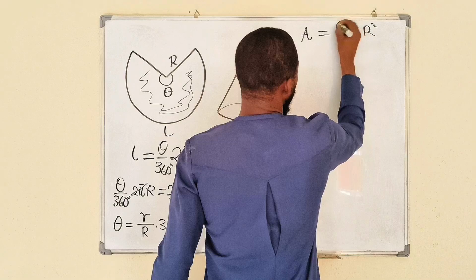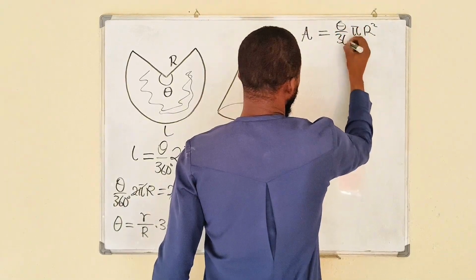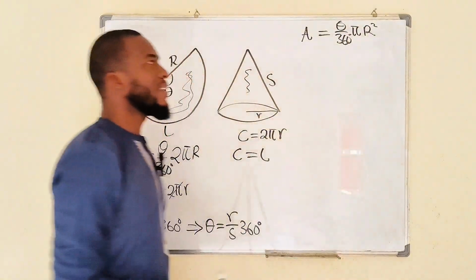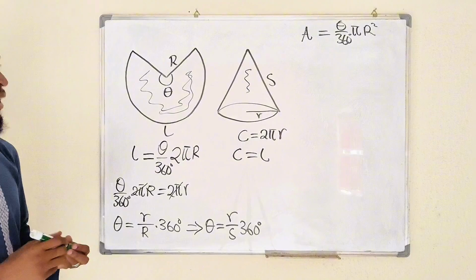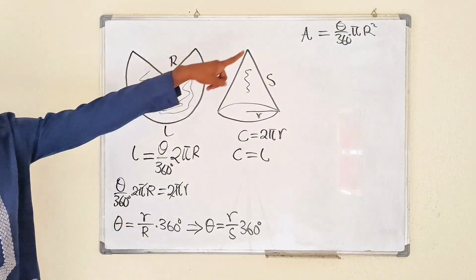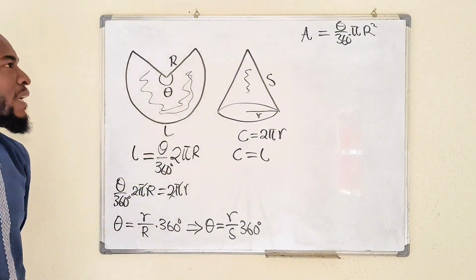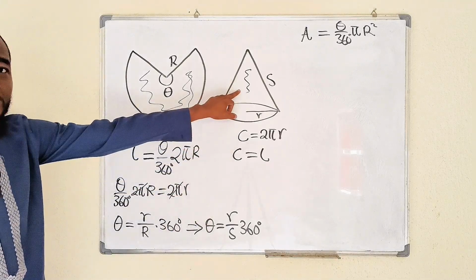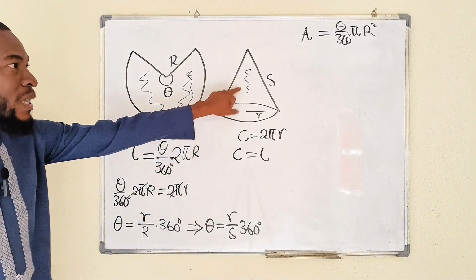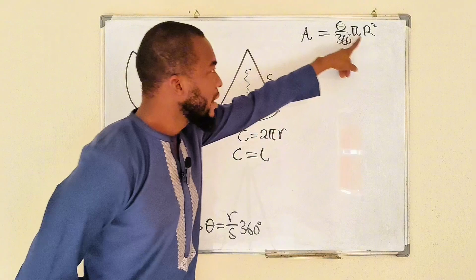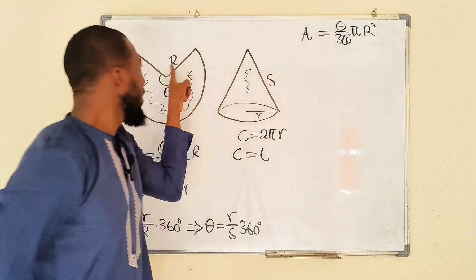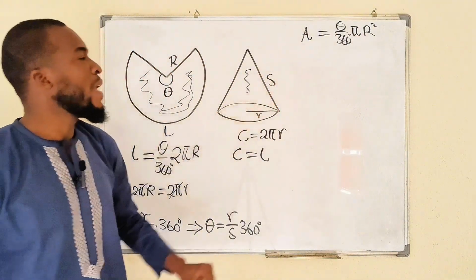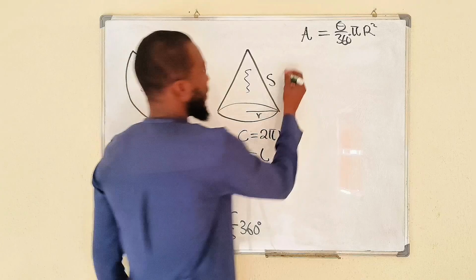Therefore, you have to take theta divided by 360 degrees. So this is the area of a sector. You should know that. So the only things we need to replace to find the curved surface area of the cone are this angle and R, because R here is equivalent to S here. So let's replace the two of them.